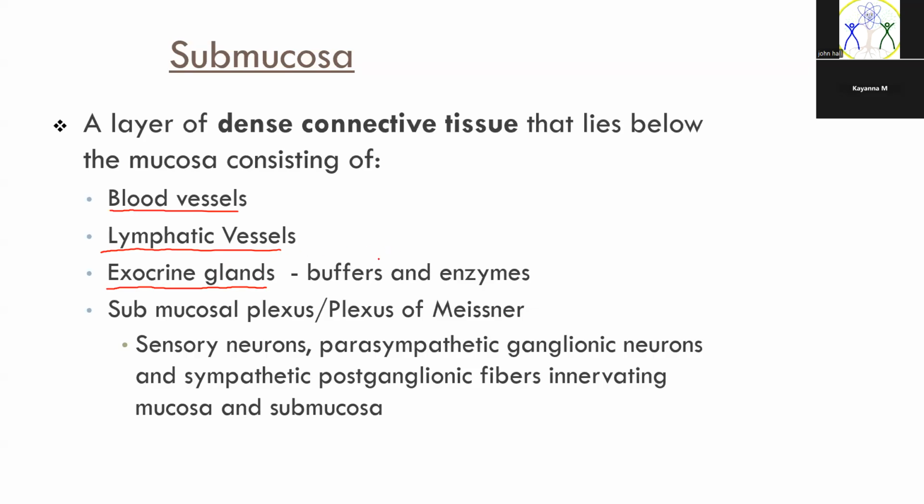So exocrine glands in the submucosa can produce buffers as well as enzymes. Buffers, of course, are used to help to control changes in pH. Because as you know, enzymes are very sensitive to pH. So for example, in your small intestine, enzymes in there work best at a pH of between 7 and 8, closer to 8 than 7.